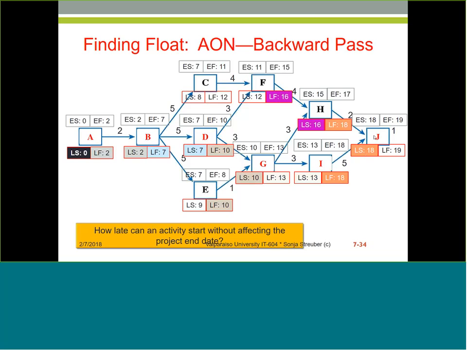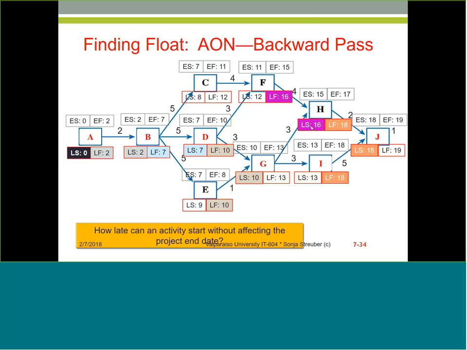So now we're going to check. So for J, since the late start is 18, we're going to say if we remove 2 days, so 2 days earlier than J, we have to have H starting, because it has to complete at 18, right? So that makes the late start 16.